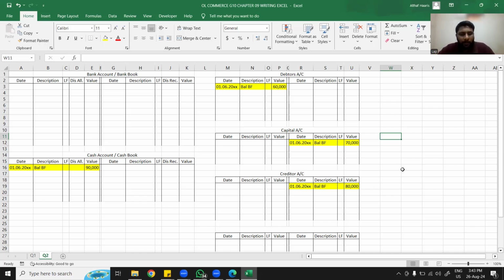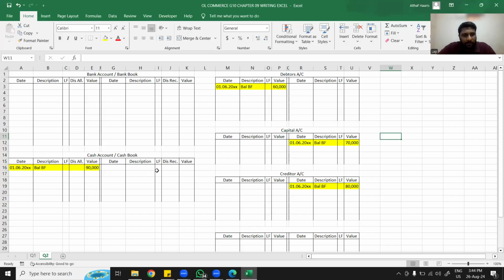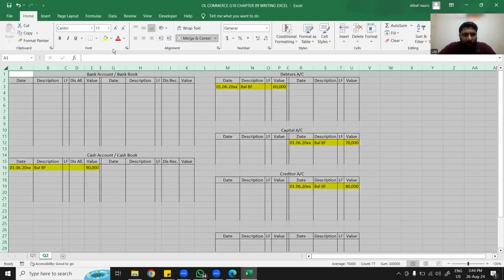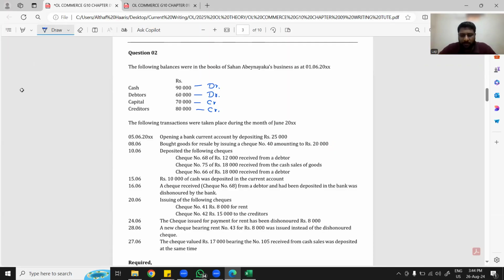Okay. Now let's record each and every transaction. First one, 5th June, you're opening a bank account by depositing 25,000. So your cash will reduce, money will go to the bank. 5th June 20XX, value 25,000.